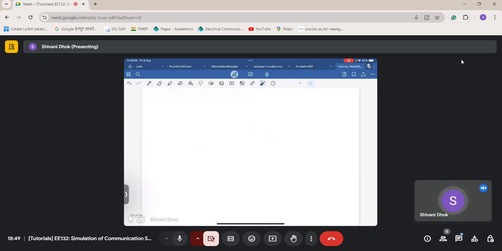So let's start with variance. We have sigma square is equal to expectation of x minus mu square. This is equal to expectation of x square minus 2x mu plus mu square.